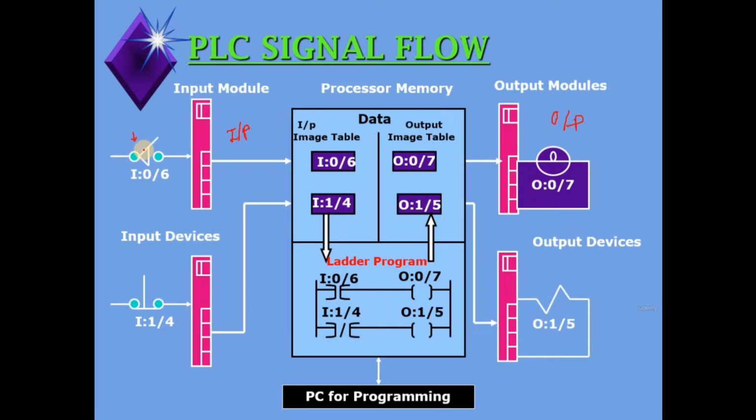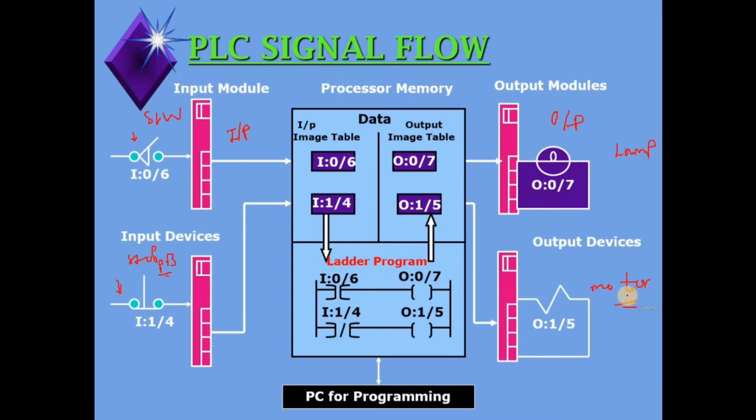Let us assume that this one is the switch, and this one is the stop push button or the start push button. The input may be anything, right? On the output side, let us assume that one lamp is connected, or a load, or just for the example, a motor is connected.